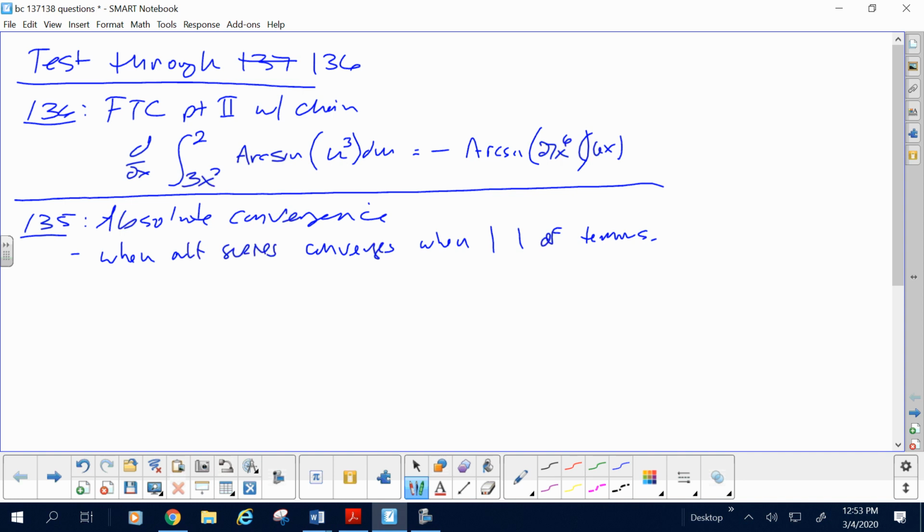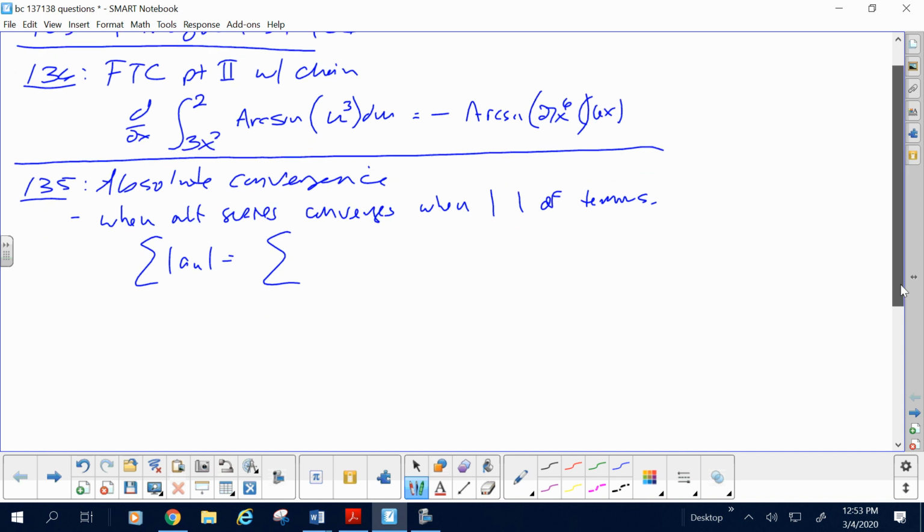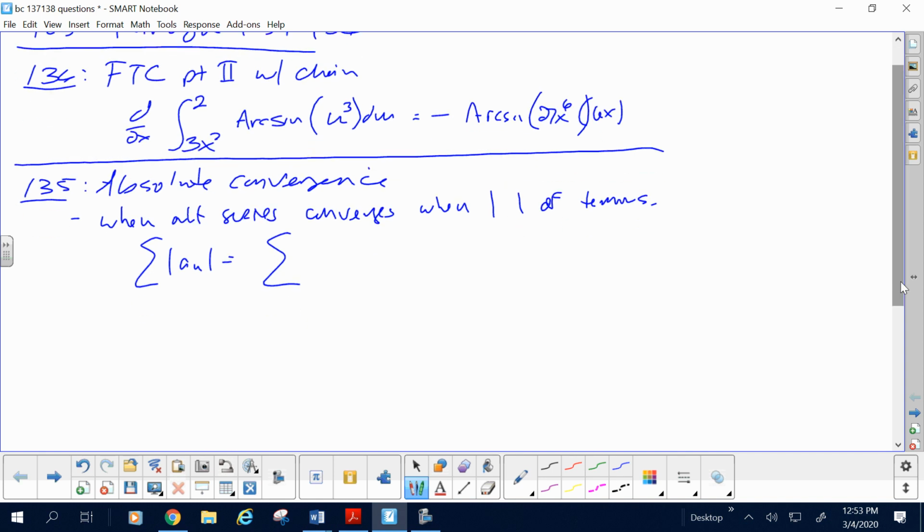So you typically take the absolute value of the terms to get a positive term series and do the convergence on that. What does the conclusion maybe look like if we're concluding absolute convergence? What might we say? The positive term series converges. Therefore, the alternating series converges absolutely, eh?